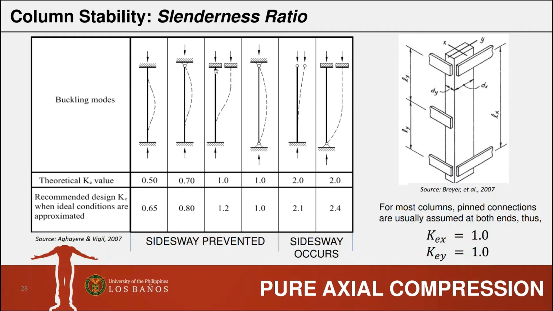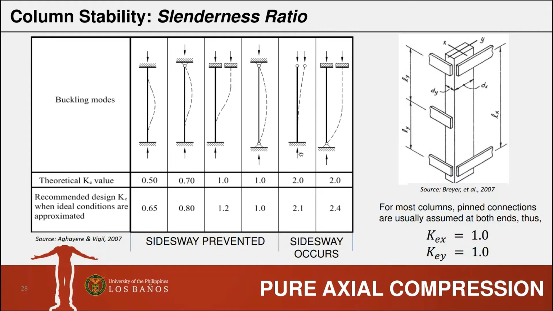Now for the third condition, the bottom support condition is translation fixed and rotation fixed, while the top support condition is translation free but rotation fixed. Here is the pin-pin connection, where the upper and the lower supports are both translation fixed but rotation free.